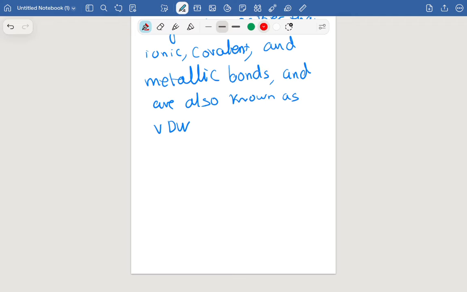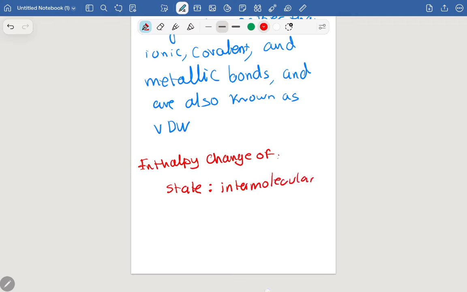So I'm going to write a quick summary: the enthalpy change of state is intermolecular forces, but if it's the energy change of decomposition, then this is intramolecular.